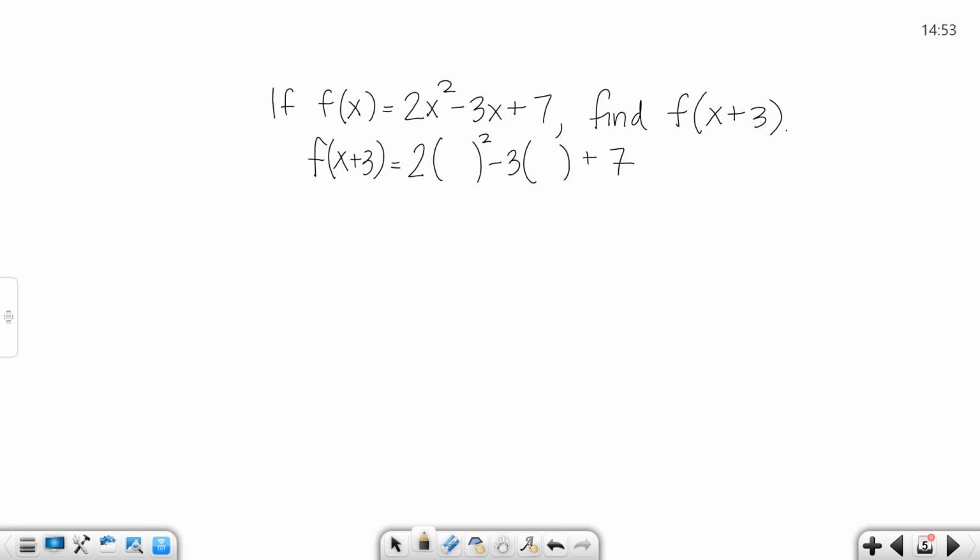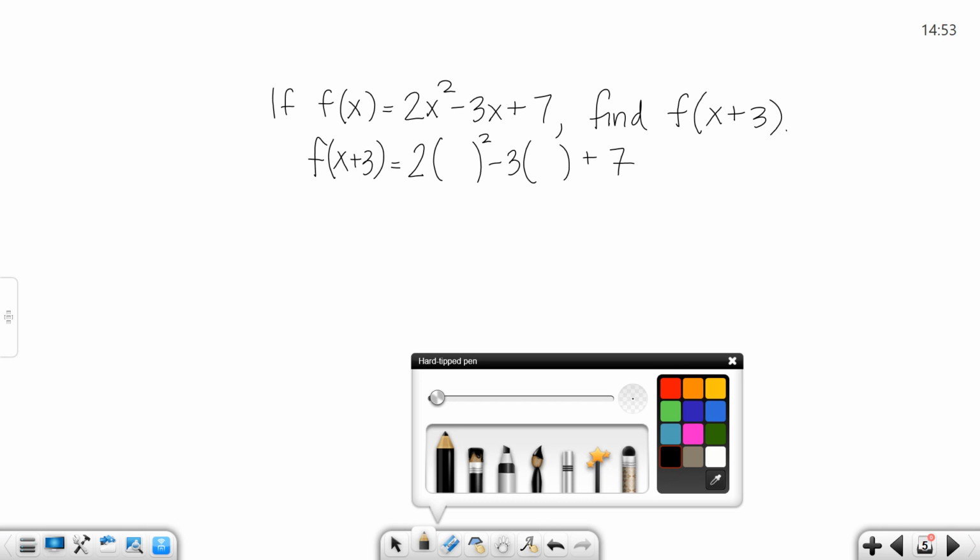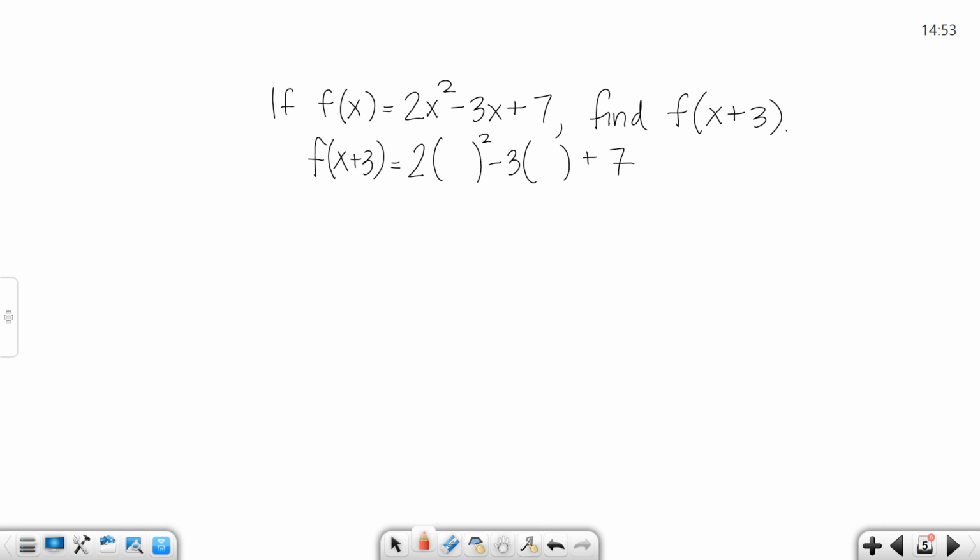Okay, so I take the x's out. Now, whatever is in parentheses is what goes in the missing place. So what's in parentheses this time is an x plus 3. That means x plus 3 goes here, and x plus 3 goes here. It doesn't matter whatever it is in parentheses. That's what goes in the missing holes.